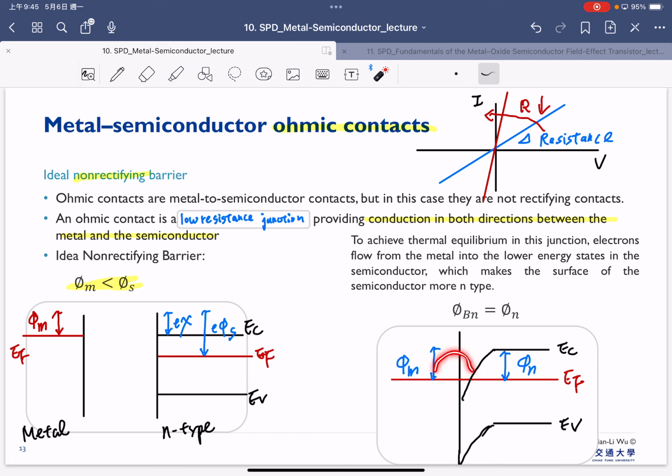So that means this place has a very higher concentration. It's like the N++ region. So that's why we won't have any barrier in between the metal and the semiconductor. So that's why we will have this kind of ohmic contact characteristic.